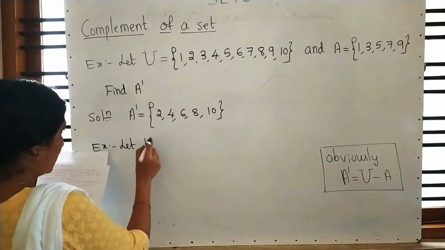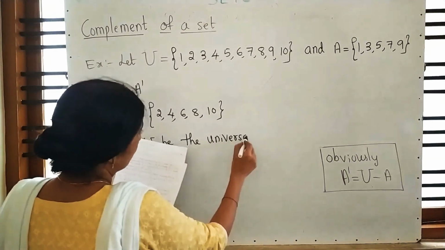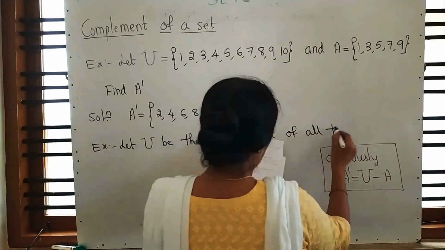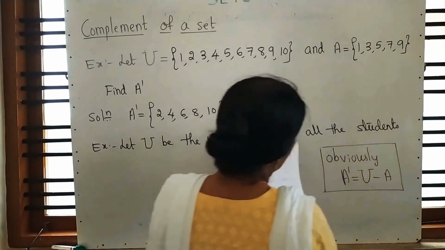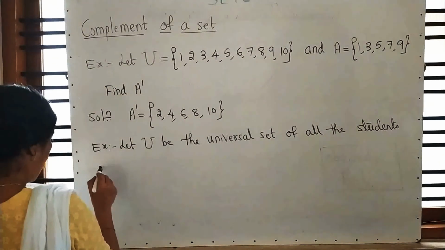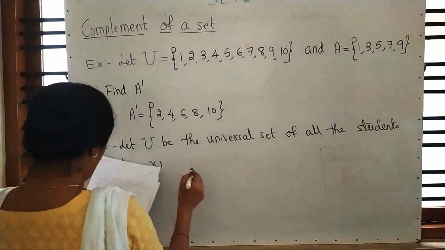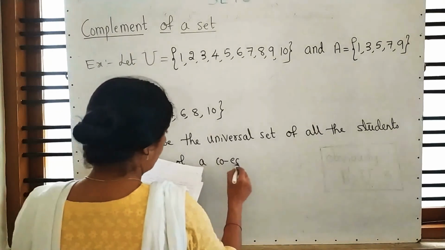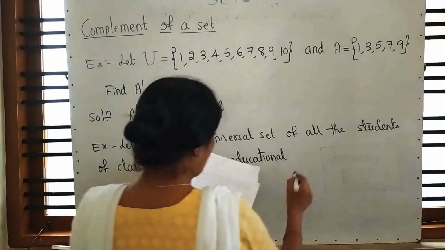Let U be the universal set of all the students of class 11, that means first PUC, as you are in first PUC, of a co-educational school.